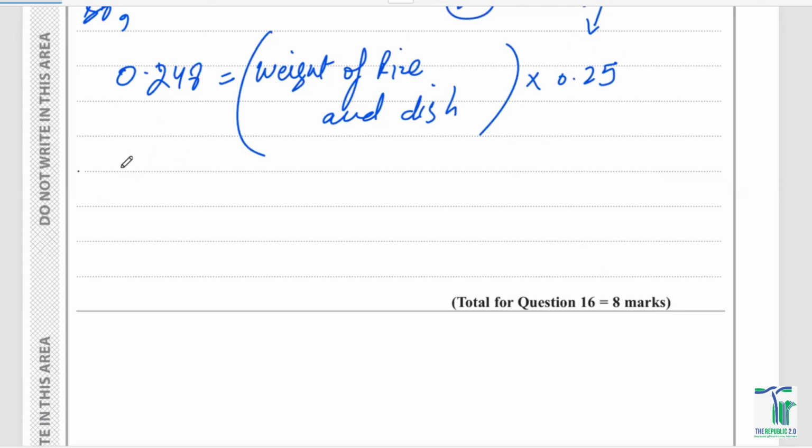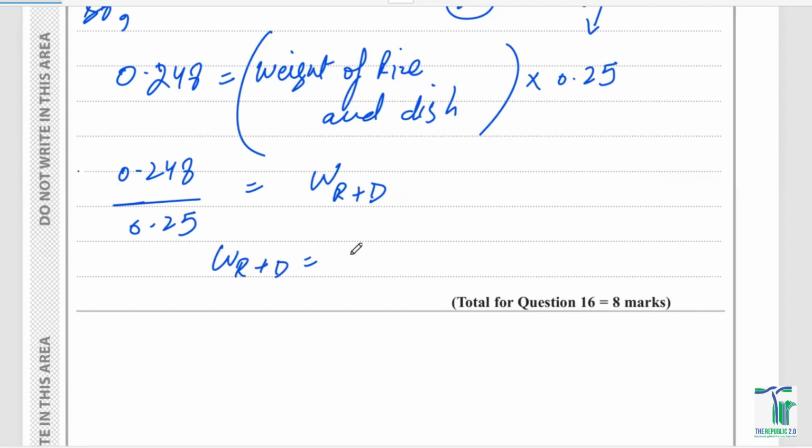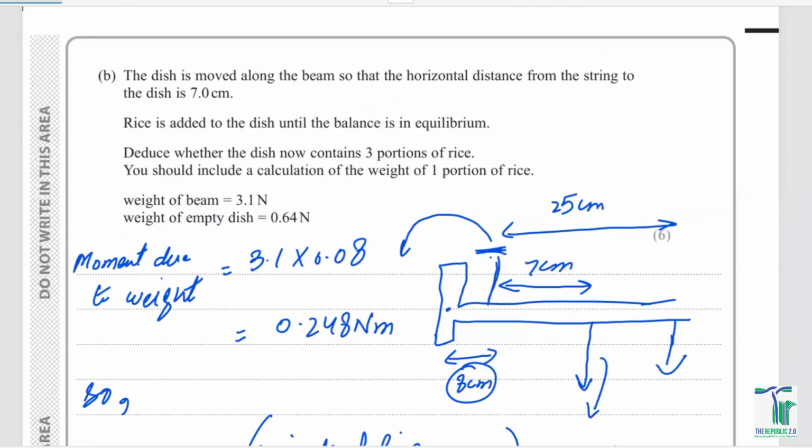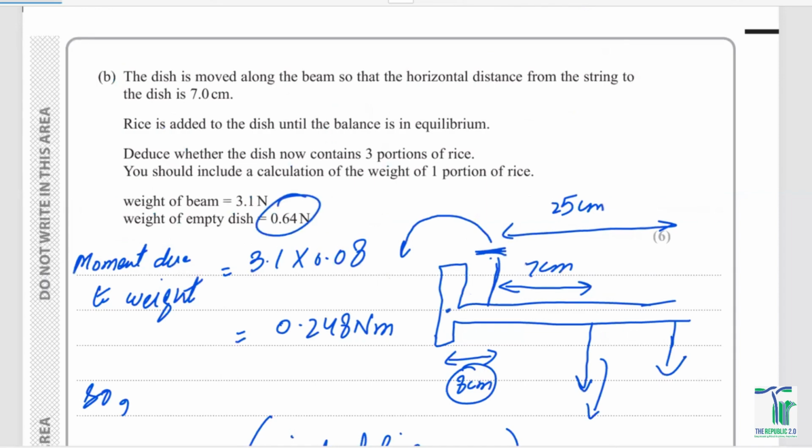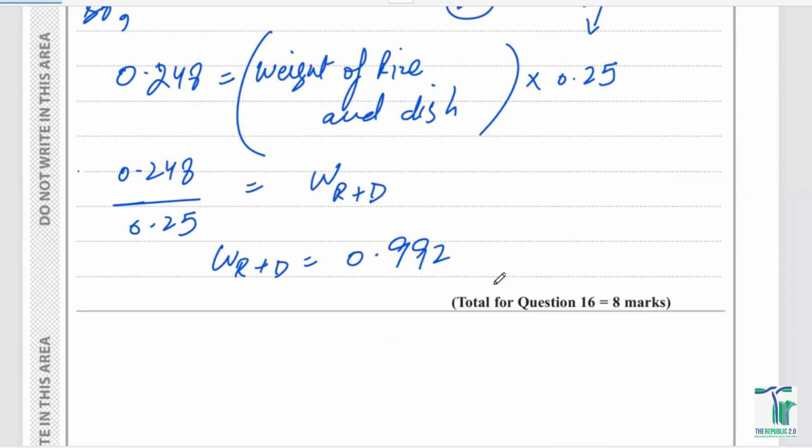By calculating that out, I have 0.248 divided by 0.25, and the weight of rice plus dish comes out to be 0.992. Now, since the weight of the dish was given, it was 0.64, we can actually get the weight of the rice. So weight of the rice would be 0.992 minus 0.64, which comes out to be 0.352, right?